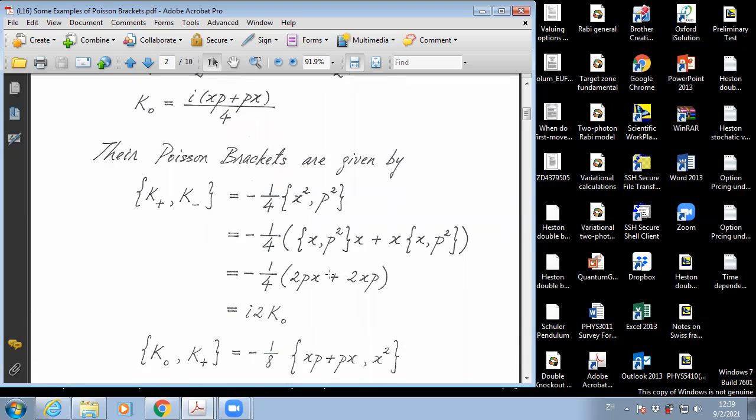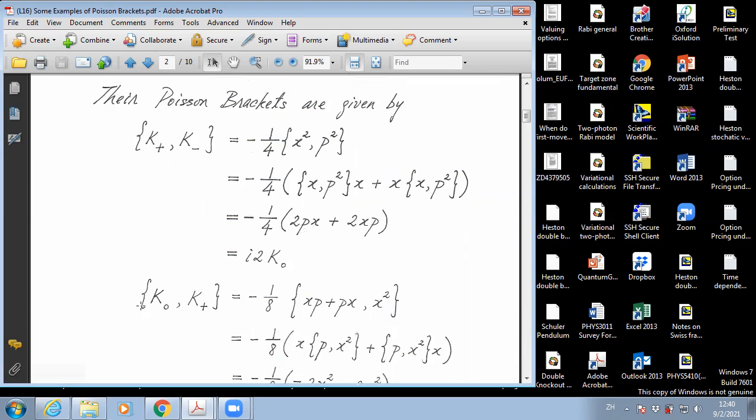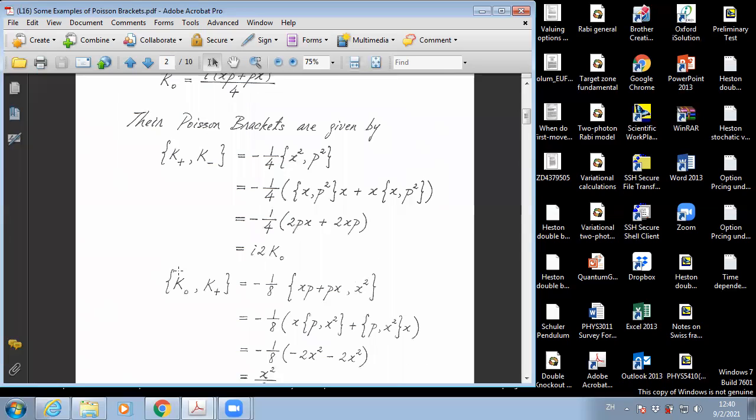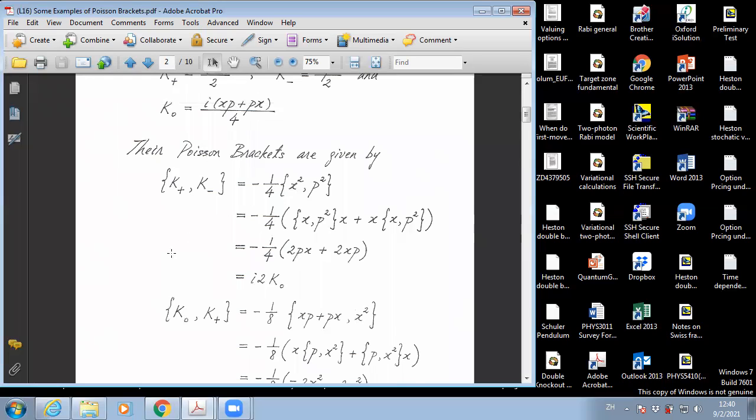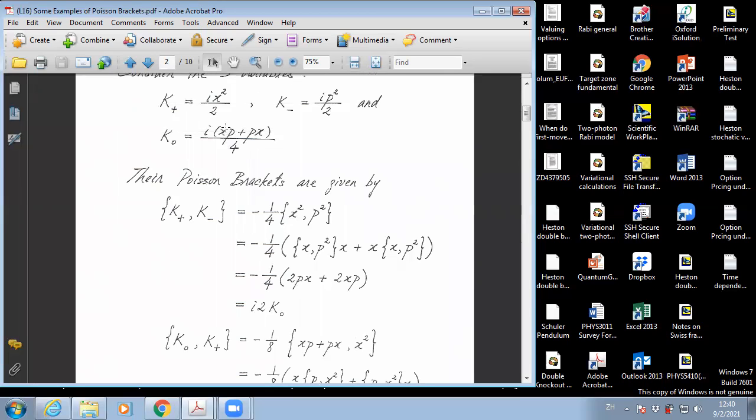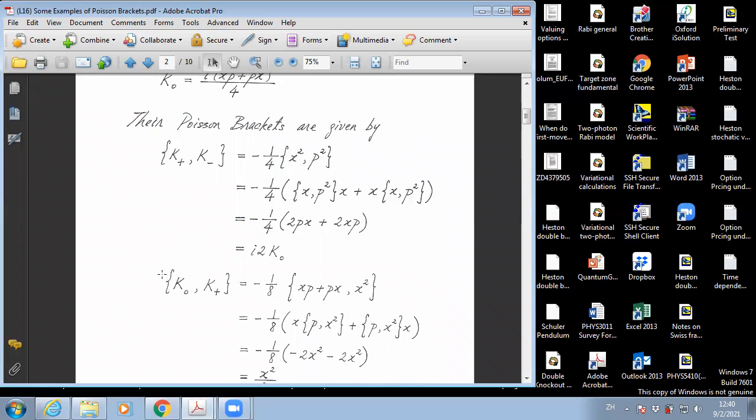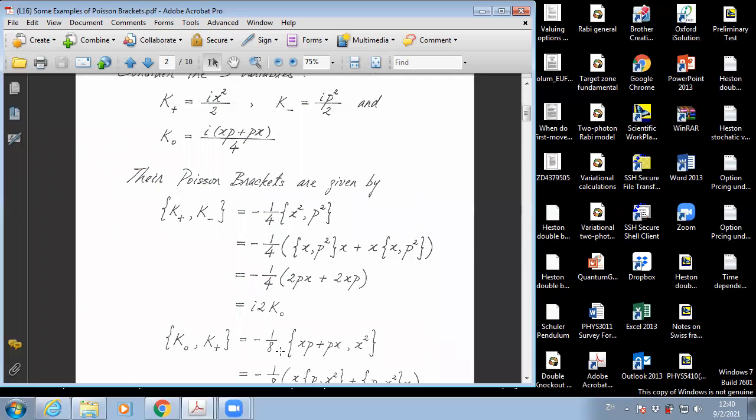We double check with the definition of K naught, and we realize that this final result can be written as i2K naught. And how about the Poisson bracket between K naught and K plus? Again, we plug in the definitions first, factor out the constants, and we get this.